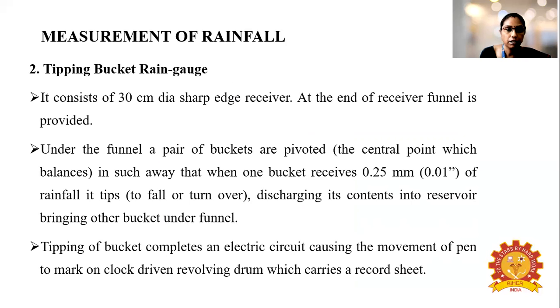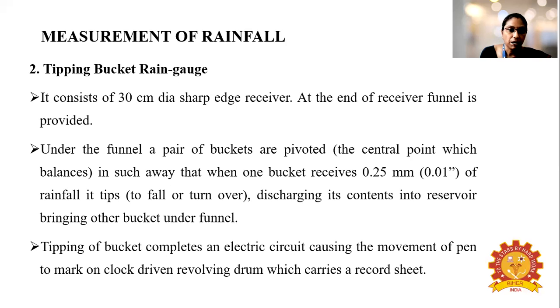Under the funnel, you have a pair of buckets which are pivoted in such a way that when one bucket receives 0.25 mm of rainfall, it discharges its content into the reservoir, bringing the other bucket under the funnel. Tipping of the bucket completes an electrical circuit causing the movement of the pen. Here the pen is attached to the circuit.